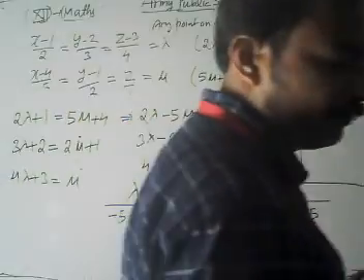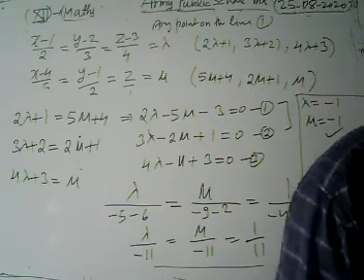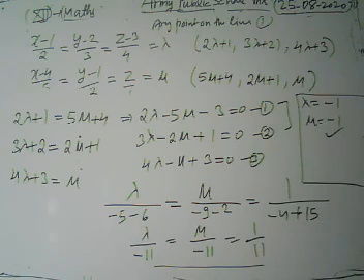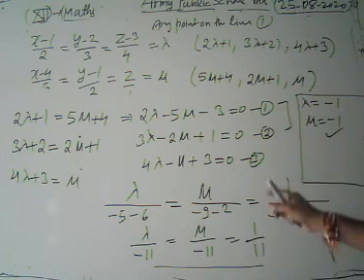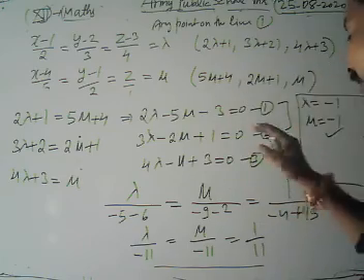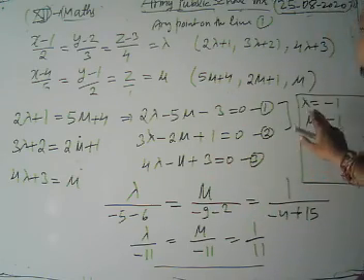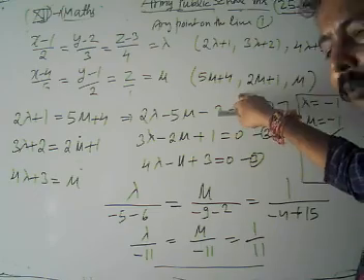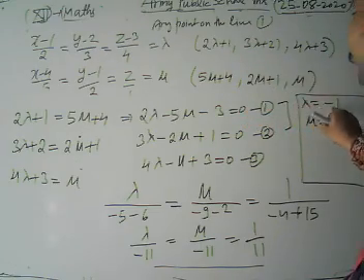Then how can we find out our point of intersection? Putting the values in either one, look, these points are coinciding. Putting any value of lambda or mu here, we get the same point. You can check: lambda is minus 1, then what do we get?